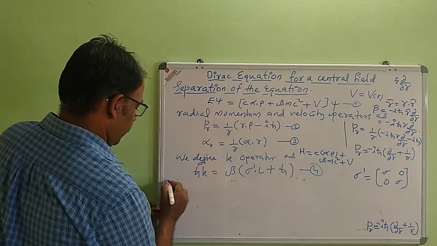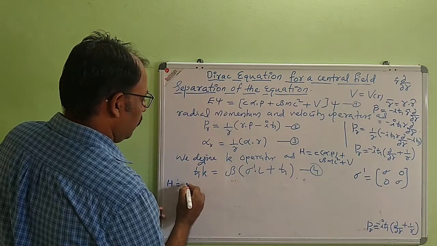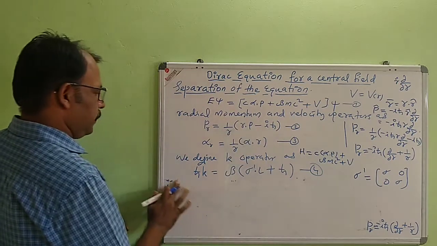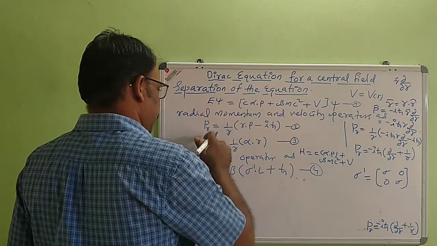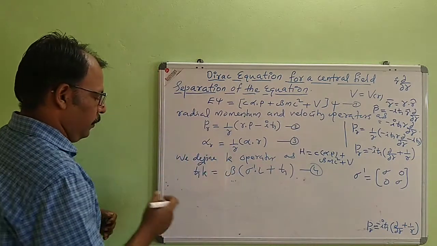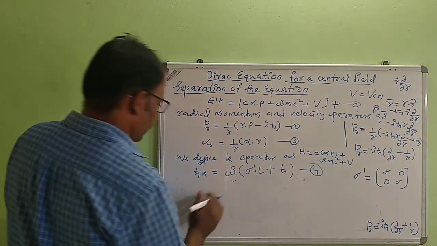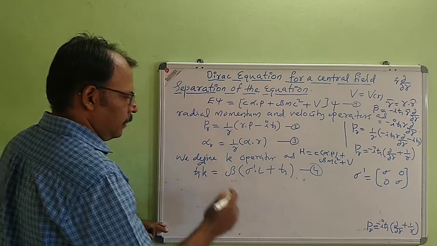So the Hamiltonian H is equal to C alpha dot p. For representing this Hamiltonian in terms of alpha, PR and K, we should know the identity that we already studied in the last class.